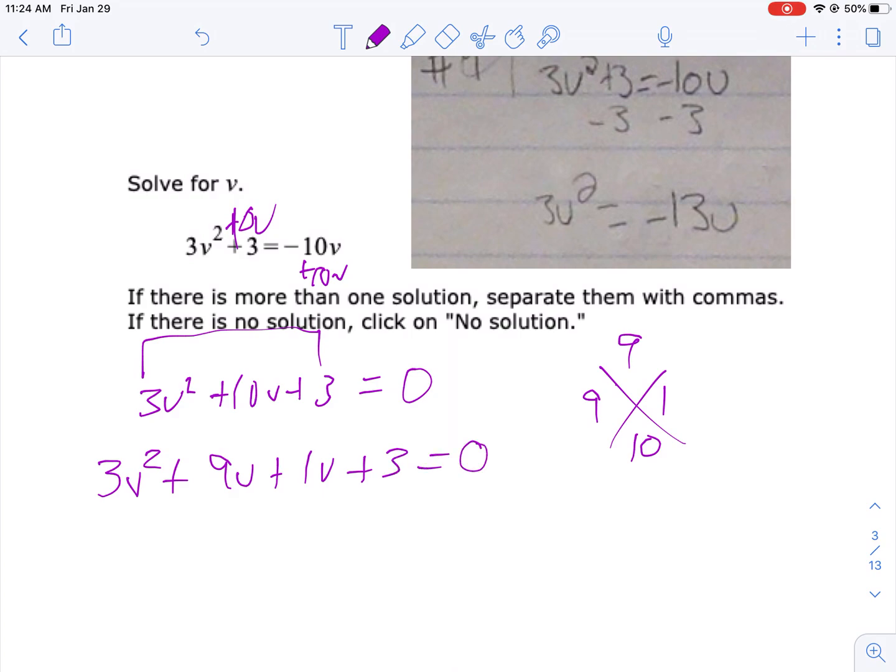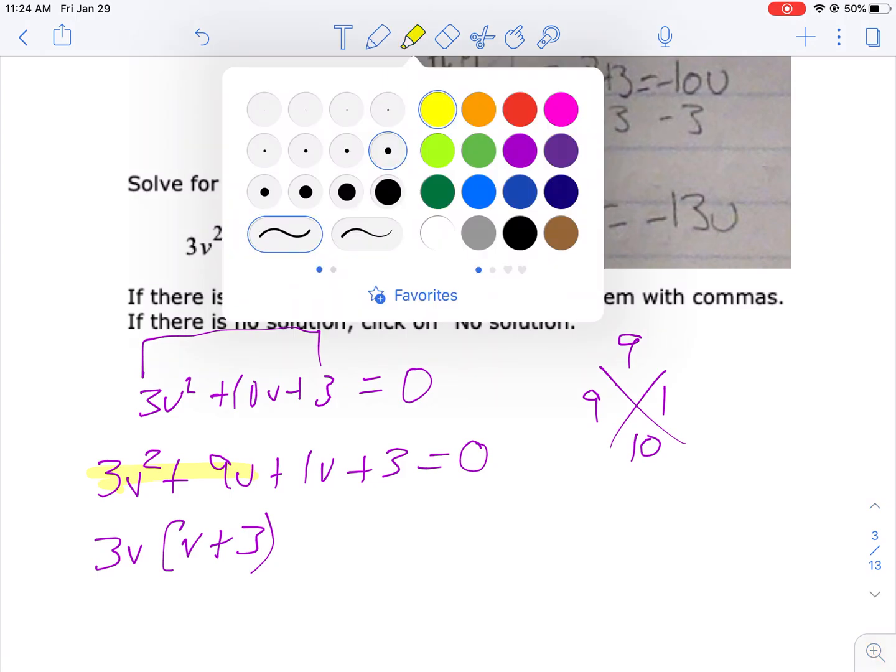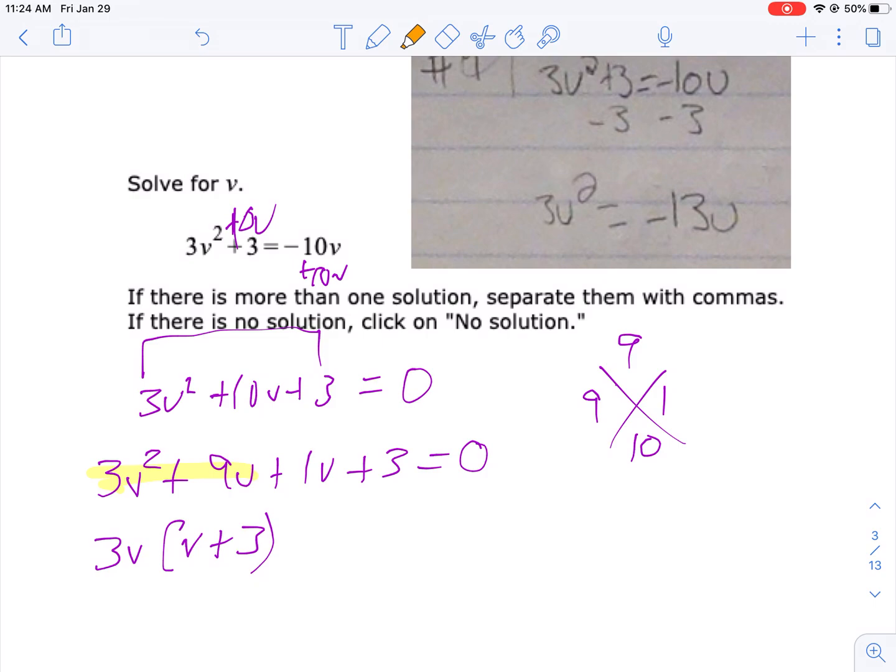Now I'm going to factor just the first two terms. My v kind of looks like a u there. Sorry about that. Well, what goes into both of them? Well, 3v goes into both terms. So v plus 3 would be what's left over when I factor out the 3v. Now I look at the next two terms. And you could logically say, hey, nothing goes into both of those.